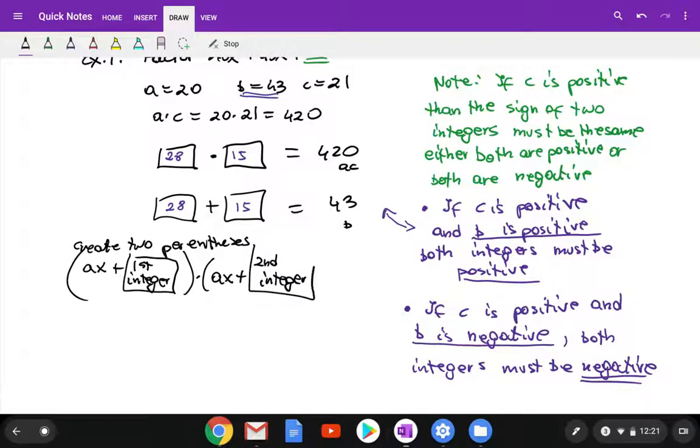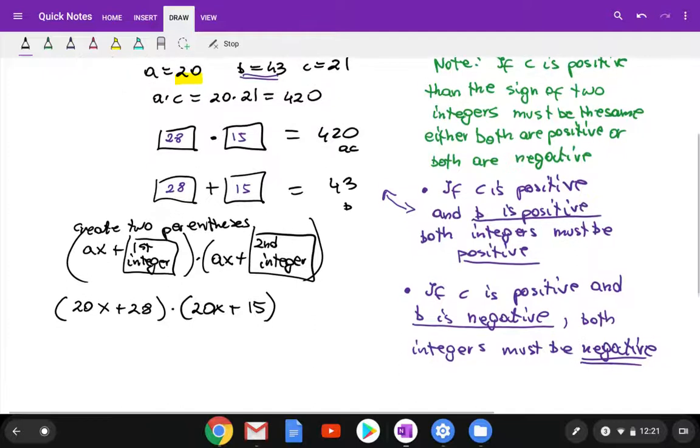And again, they both must be positive because of coefficient of B, which is positive. So A was equal 20. Okay, so we're putting 20x plus 28 times 20x plus 15. Okay, so don't forget that this is not your final answer.